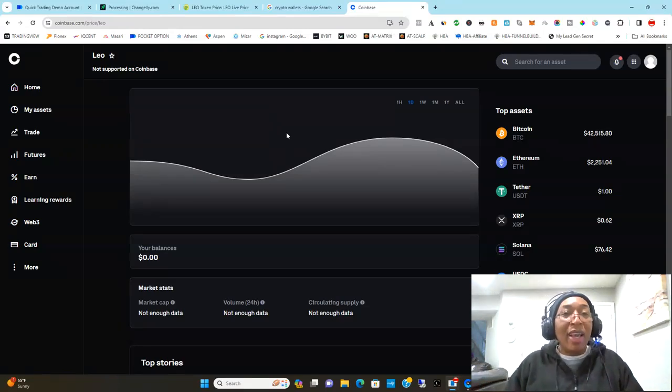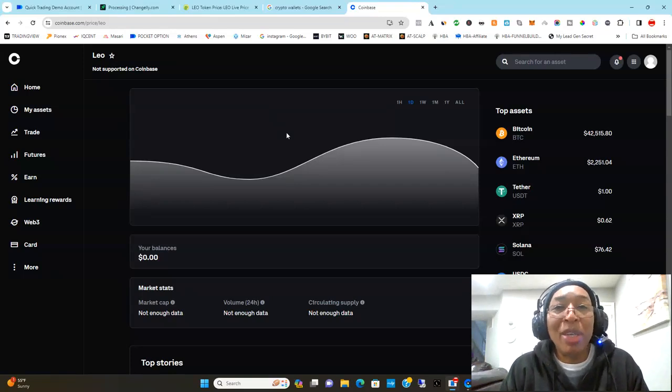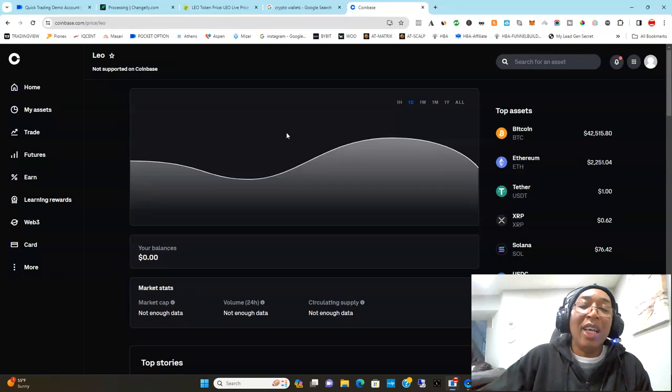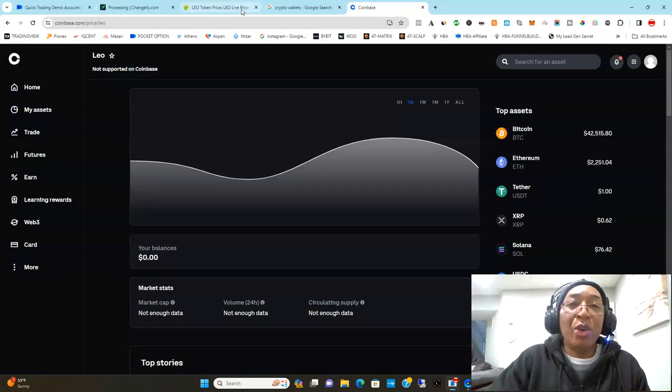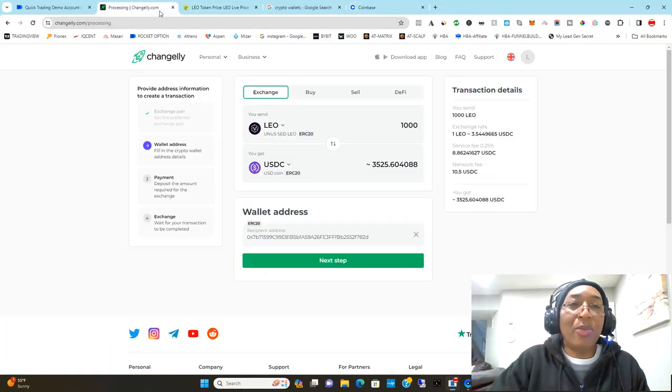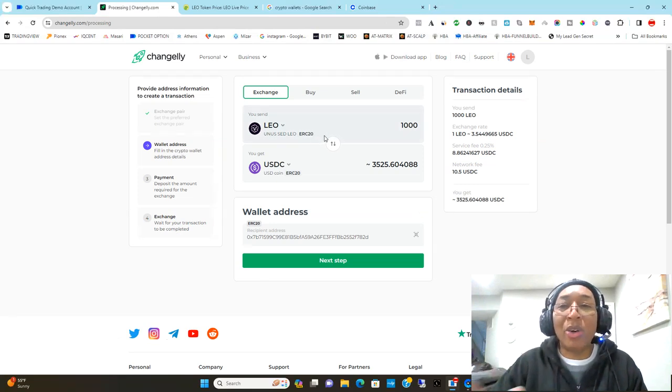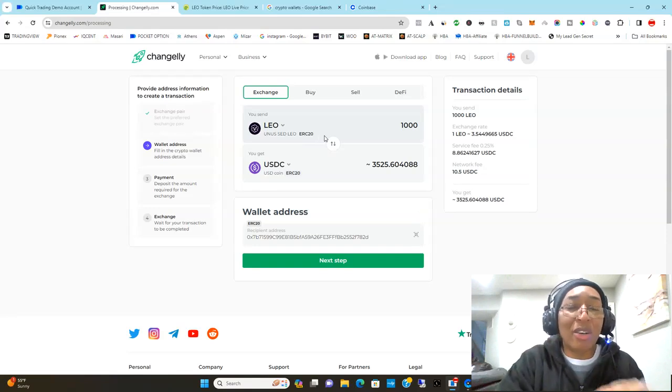Now, the other thing, Coinbase also gives you a debit card. Okay, so you can literally exchange this Leo. It's just an example, guys. Okay, I'm not recommending Leo. I'm not recommending any of these things. As I said, this is a total disclaimer.